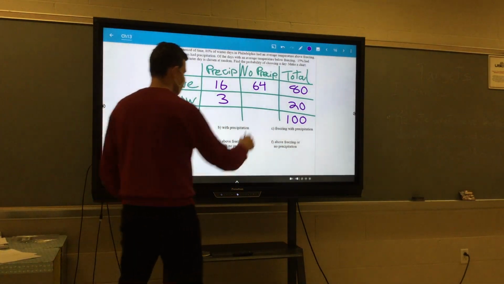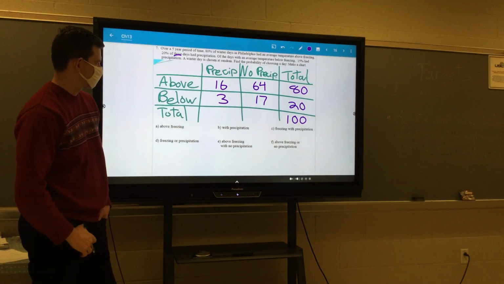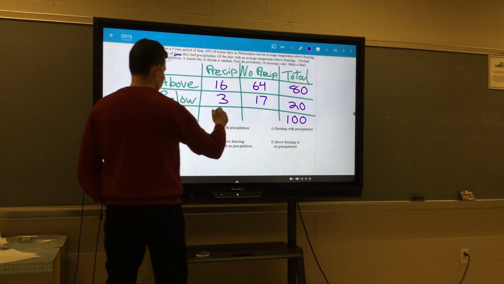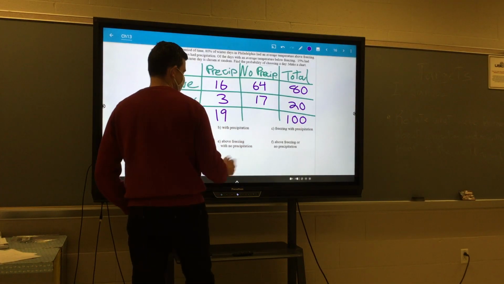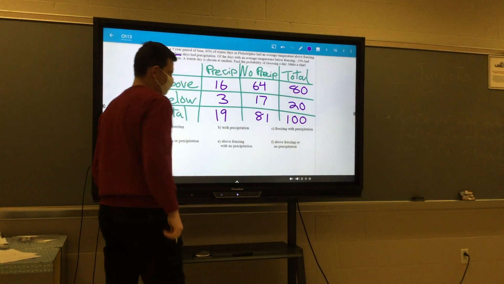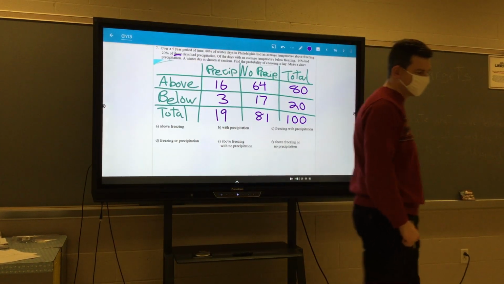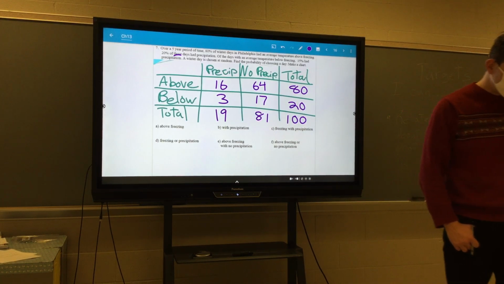The remaining 17 days had no precipitation. And we could add vertically here, 19 total days with precipitation. Carry the 1, 81 total days with no precipitation, and that looks good. Going across horizontally, that adds up to 100.